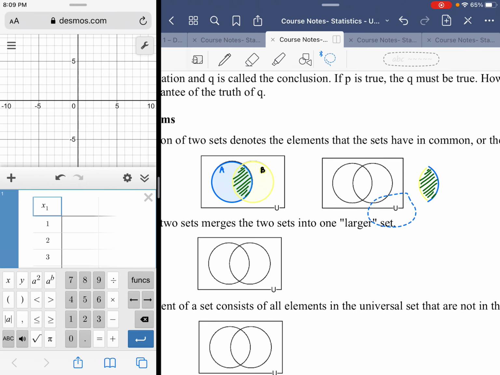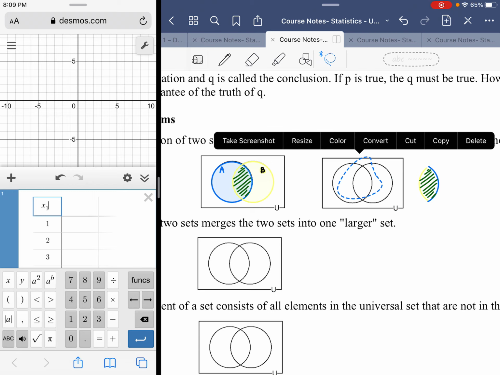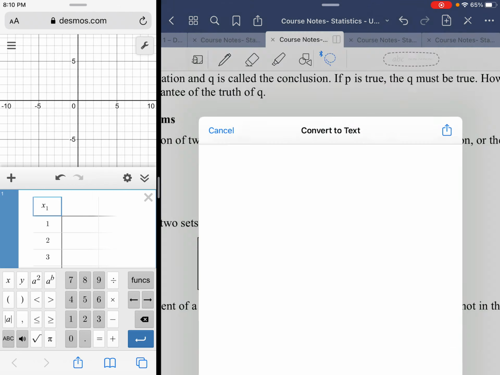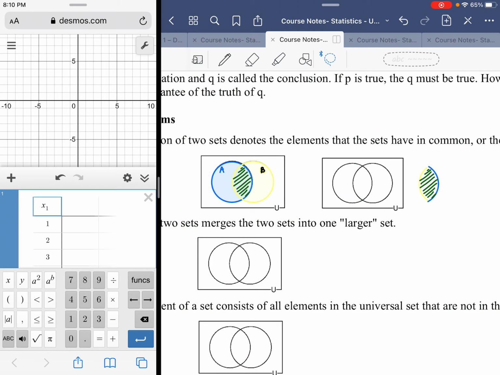Why it didn't show up is kind of strange. I think it's going to hide behind it again. Ah, sneaky. What can you do? Oh, because it's an image. No, it's convert to text, so it's not good. All right, well, what I will have to do then is do this the old-fashioned way.